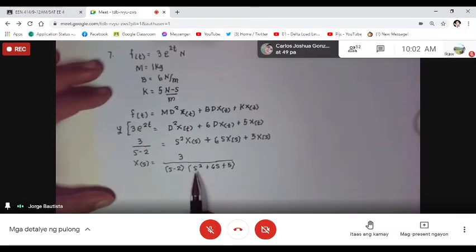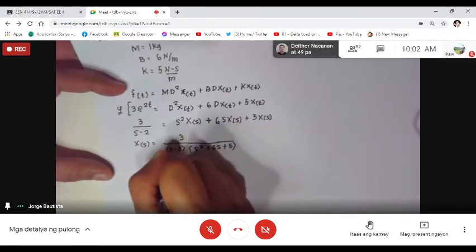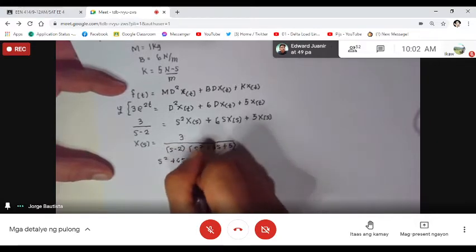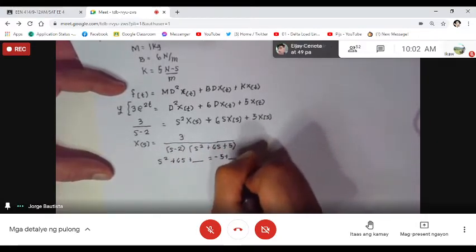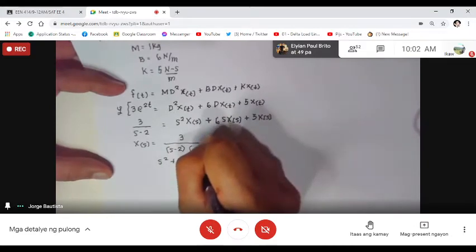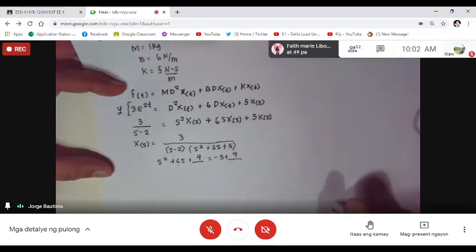So you try to check if this one is a complex or not, diba? So check natin. So s squared plus 6s plus blank equal to negative 5 plus blank. Okay? So 6 divided by 2, that is 3. 3 squared, 9. Diba?